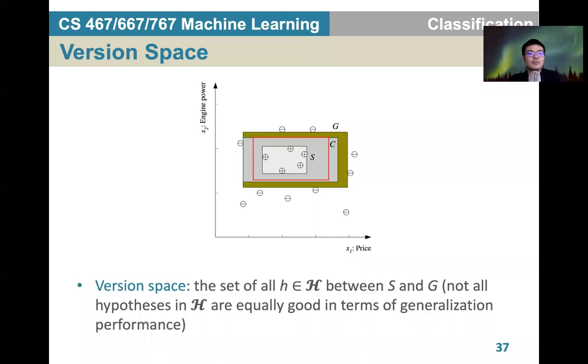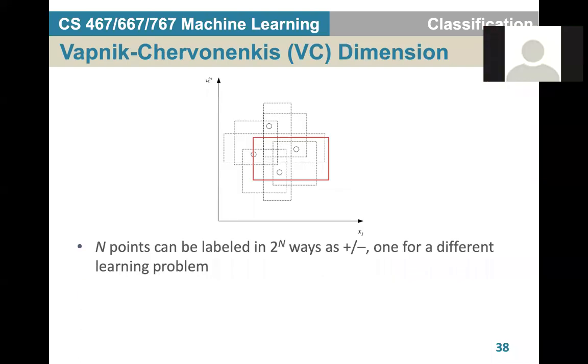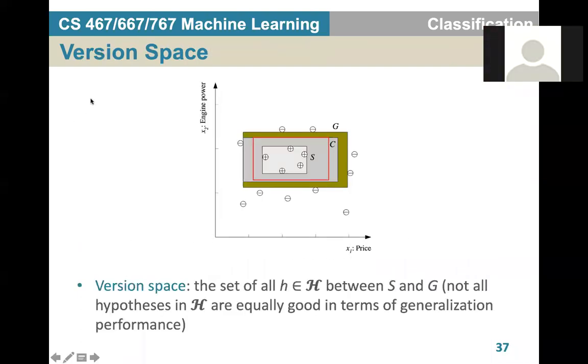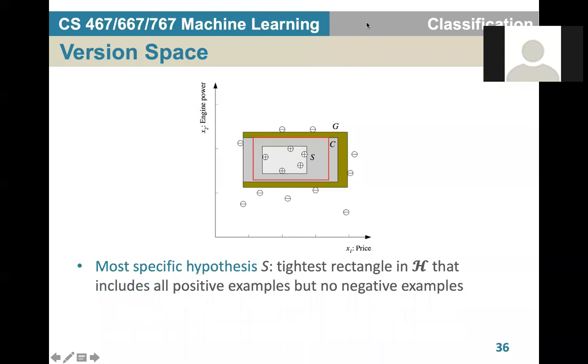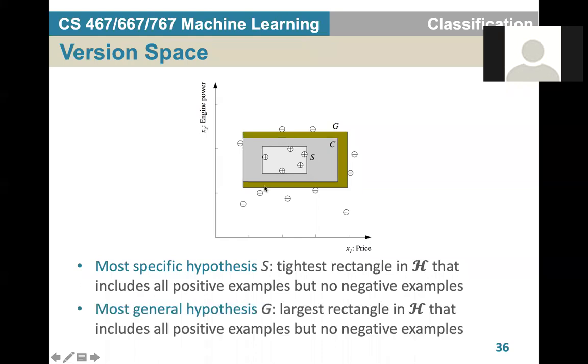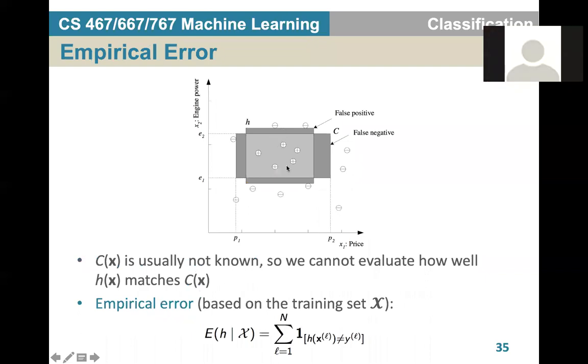Can you say it's domain specific, like whether false positive or false negative is more critical to my model? Should I make it the most specific hypothesis or the more general? By the way, here we don't have any false positive or false negative.